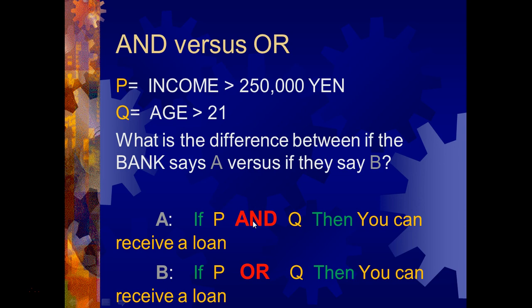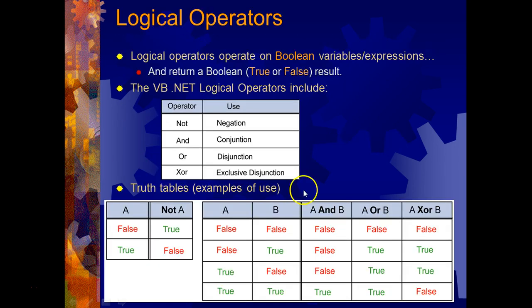So in other words, in order for this whole thing to be true, what has to be true? Both parts have to be true. Whereas in order for this whole thing to be true, what has to be true? Either one can be true, and then the whole thing is true, and then this block of code will run. So this illustrates this idea.